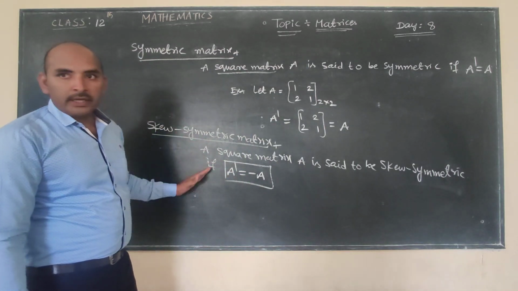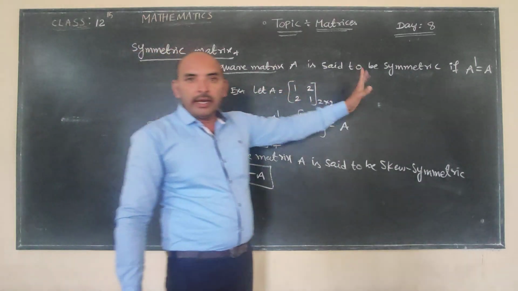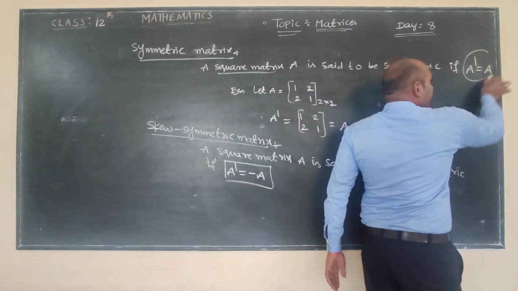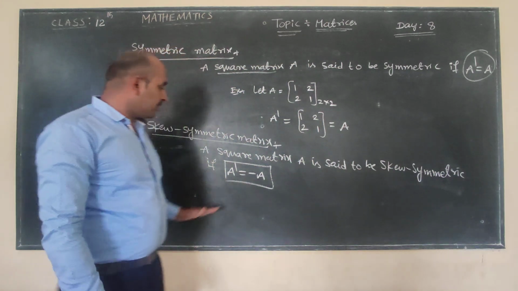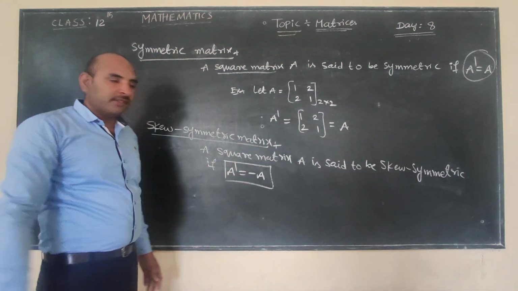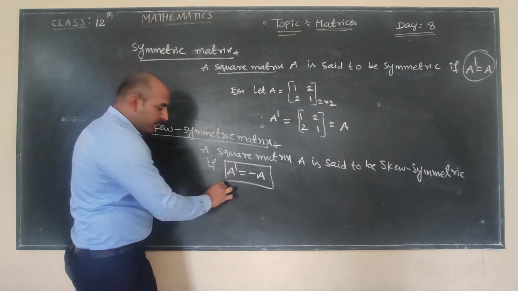What is the difference here? In the symmetric matrix, A transpose is equal to A, while in the skew symmetric matrix, A transpose is equal to minus A. Let us take an example.